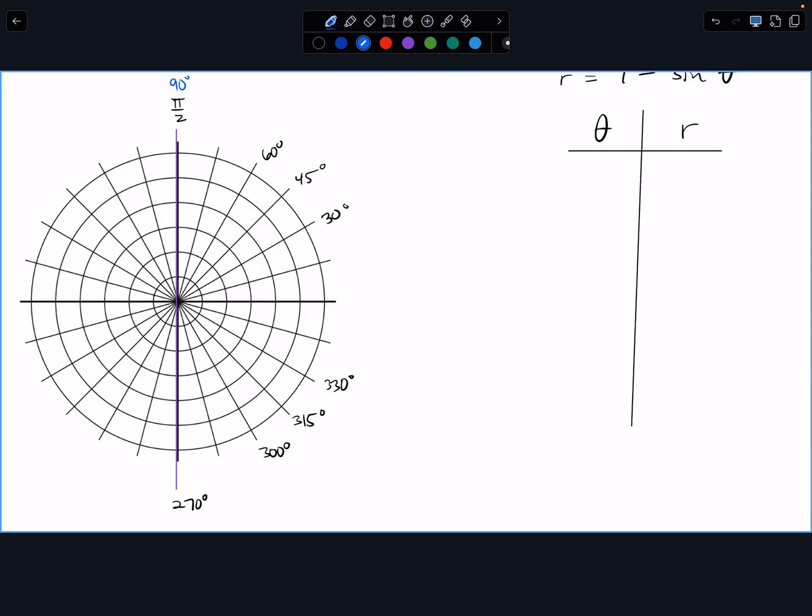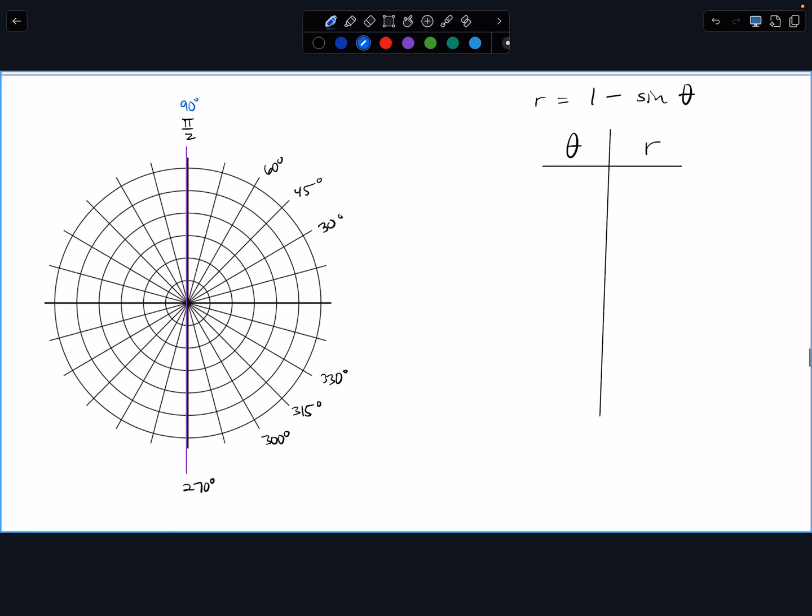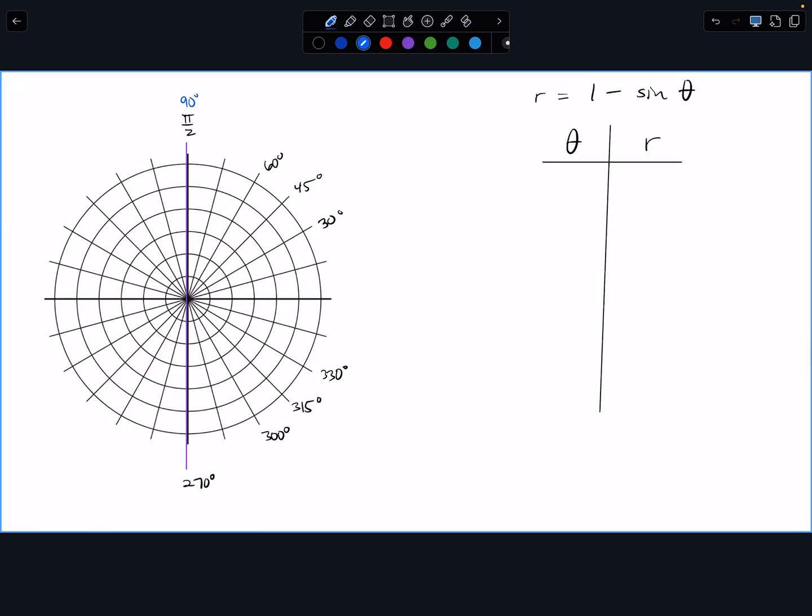All right, so what I want you guys to do is in your calculator in Y1, type in 1 minus sine theta, and then go second table settings, because we're gonna change our table settings right now. Do you guys all know what I'm talking about when I say that?